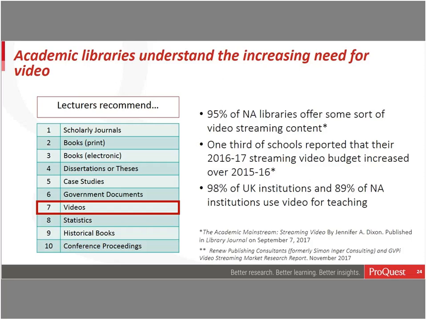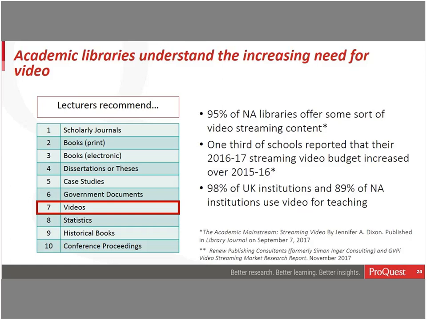So we did a bit of digging into this data point a little more, and there's a lot of evidence pointing to an increasing importance of video as a content type. So I quoted a couple of examples here. This is an article by Jennifer Dixon published in Library Journal, September last year. 95% of North American libraries offer some sort of video streaming content.